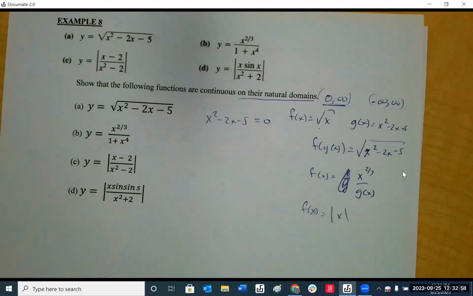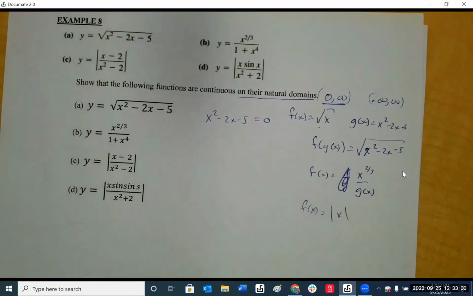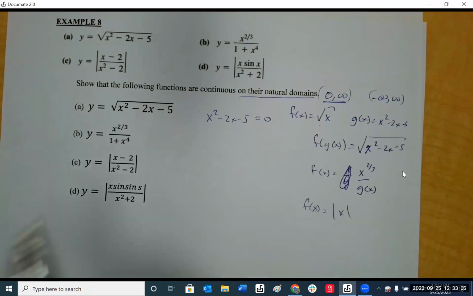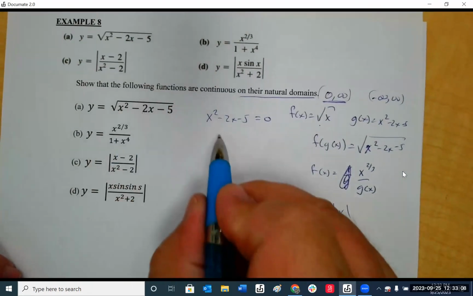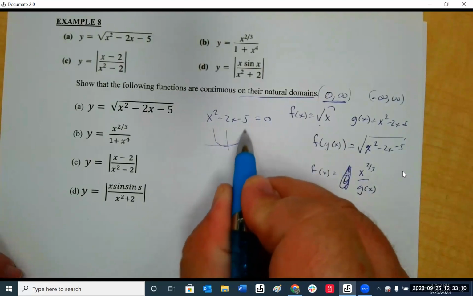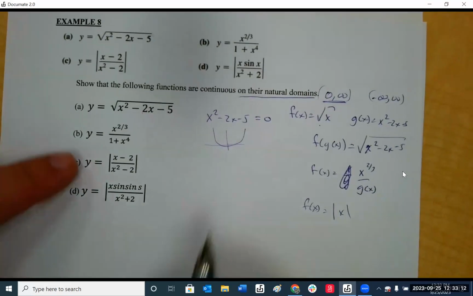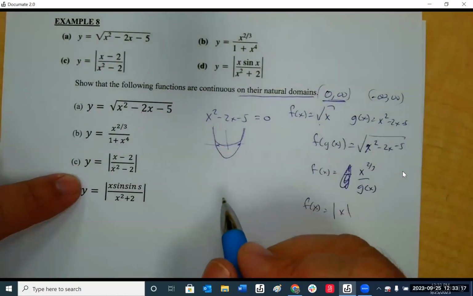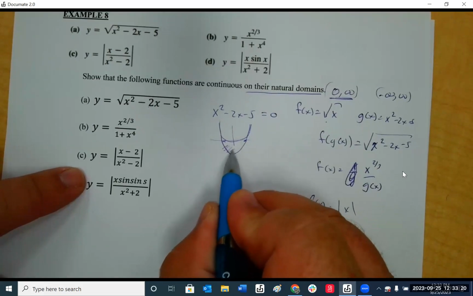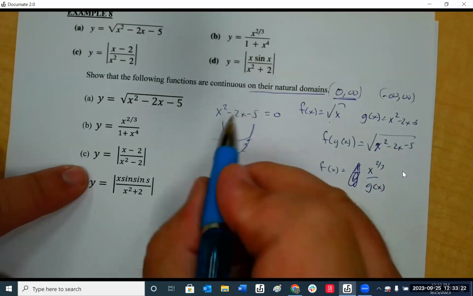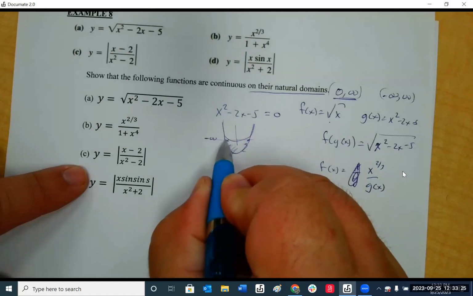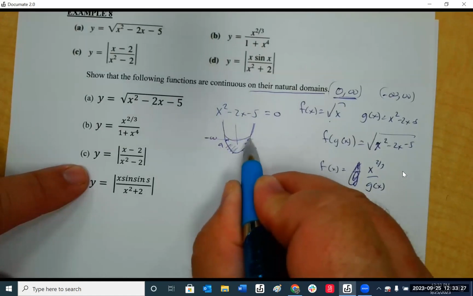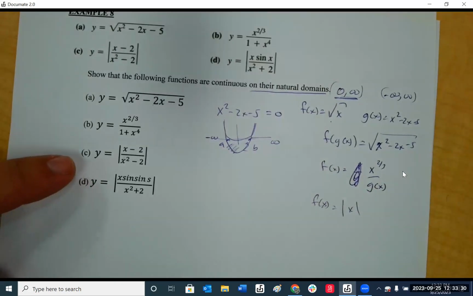So we have to use the quadratic formula, and that would tell us our two possible values for x. Once we find where the two intercepts are, we can't use whatever's between them. So our domain would be from negative infinity to a, and then from b to positive infinity. That would redefine our domain.